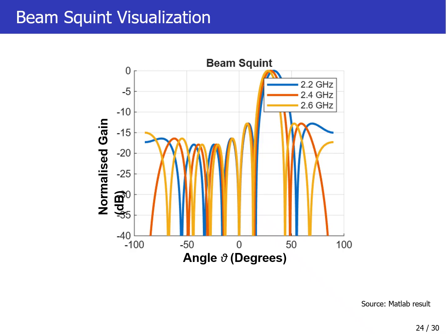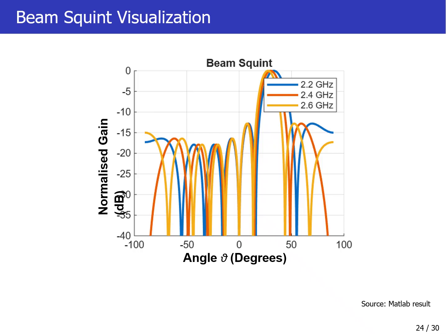This is a simple beam squint visualization result from MATLAB, wherein 2.4 gigahertz is our center frequency, that is, the reference frequency given to the phase shifters.